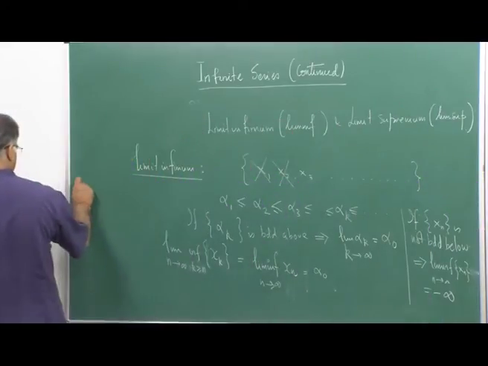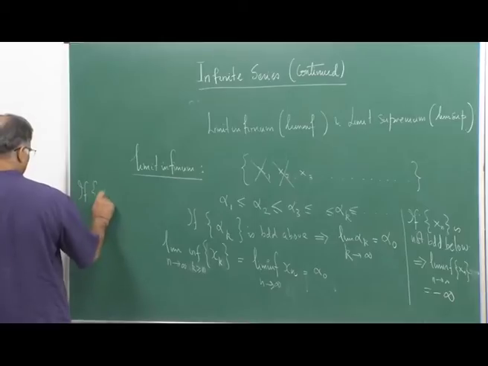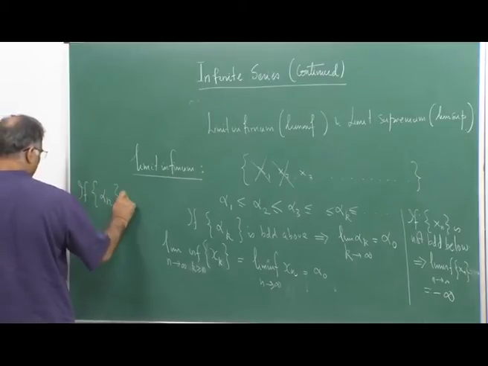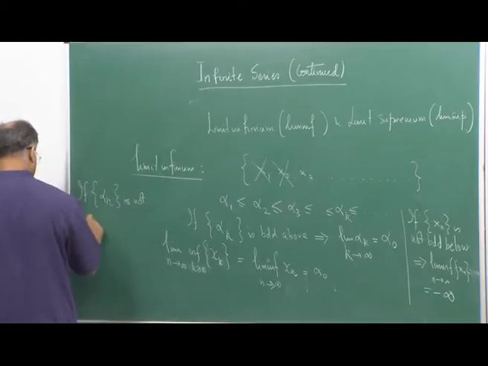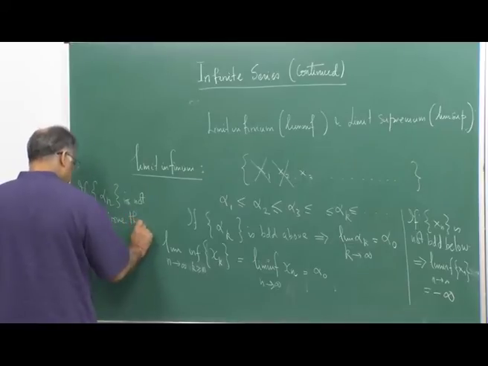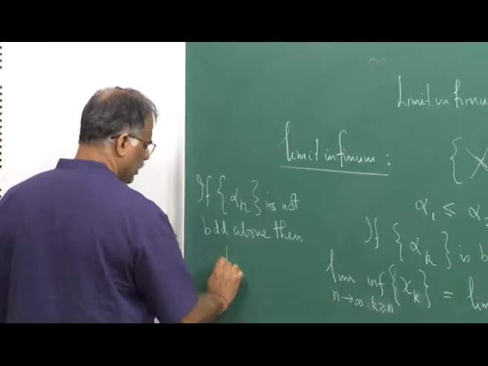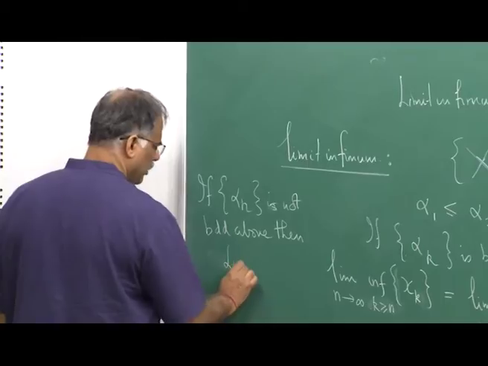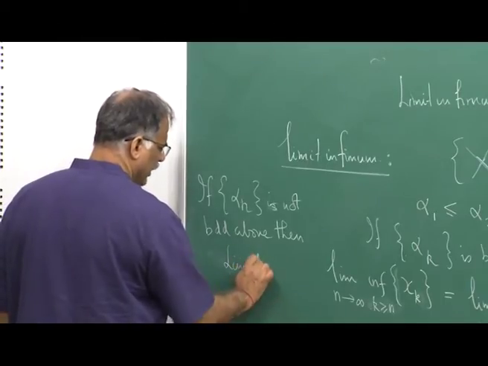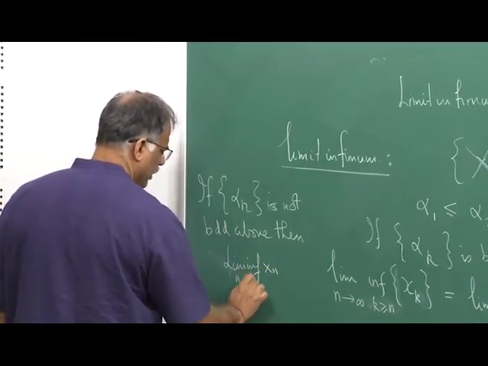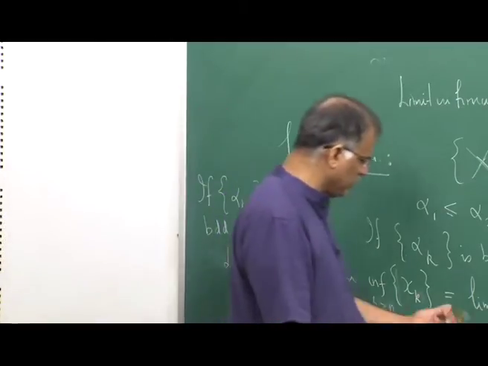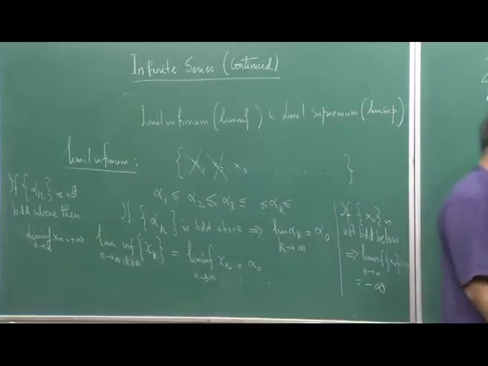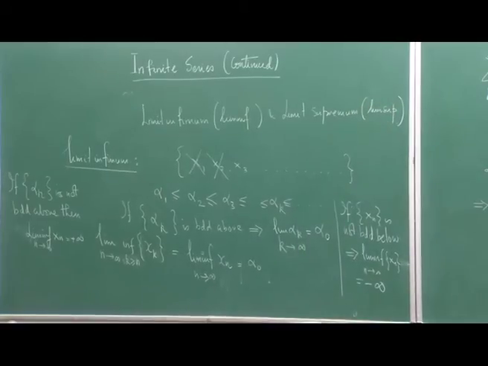So if alpha n is not bounded above, then limit infimum of xn as n tends to infinity is equal to plus infinity. So it can take plus infinity, minus infinity values, and also it can take a finite value. So all these are allowed in this case.